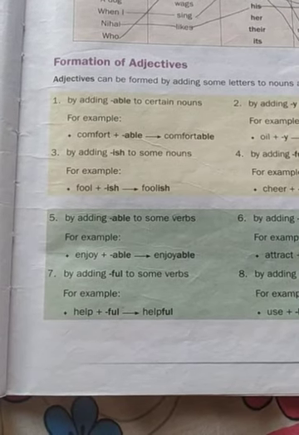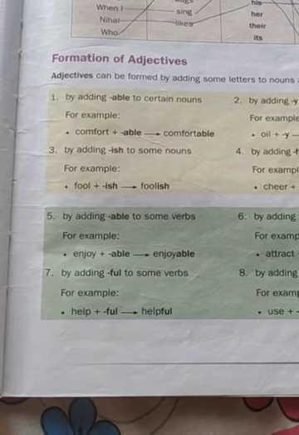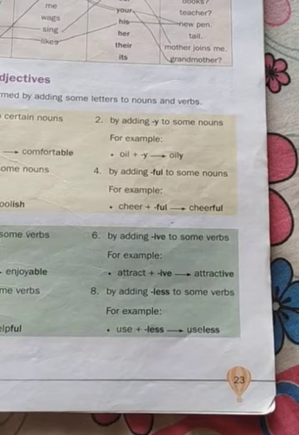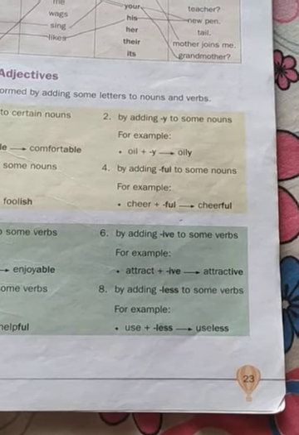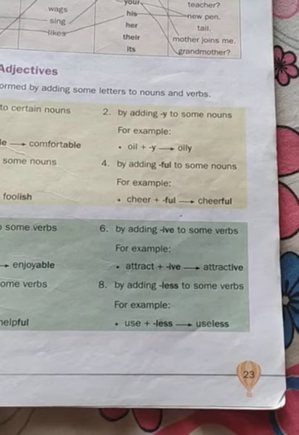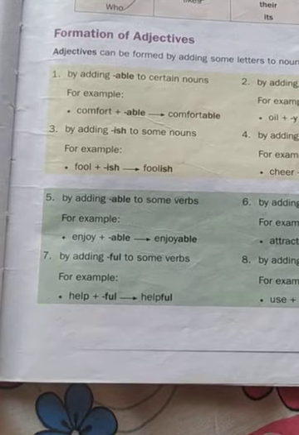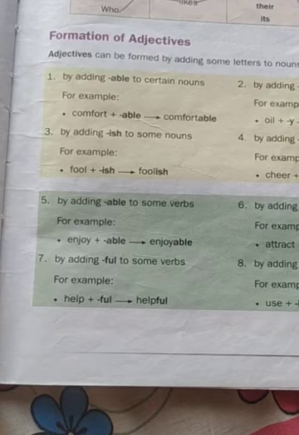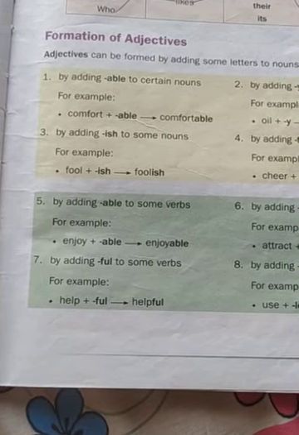For example, enjoy plus able is enjoyable. Next, by adding ive to some verbs. For example, attract plus ive is attractive. By adding ful to some verbs. For example, help plus ful is helpful.